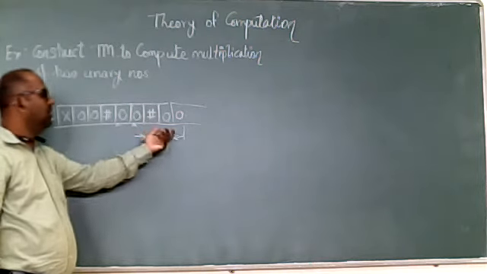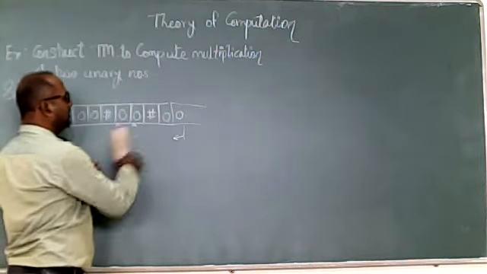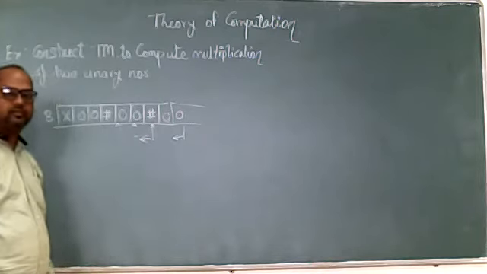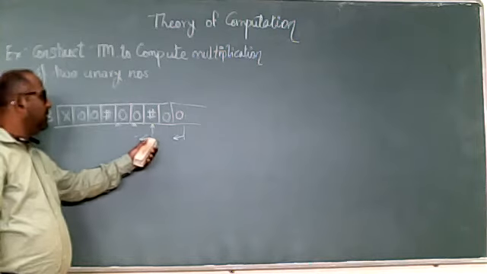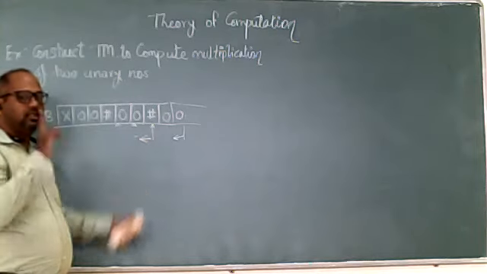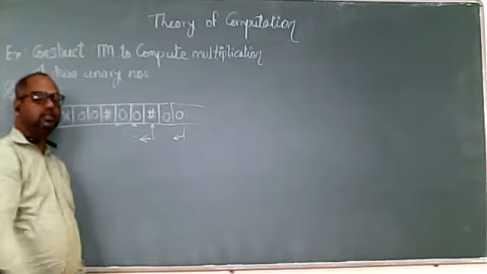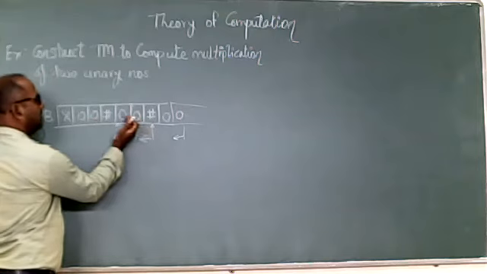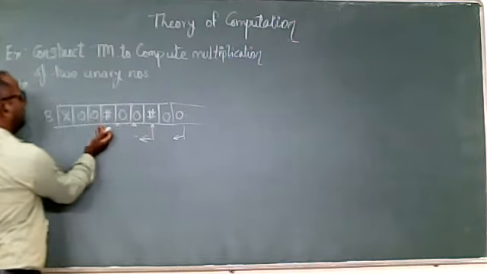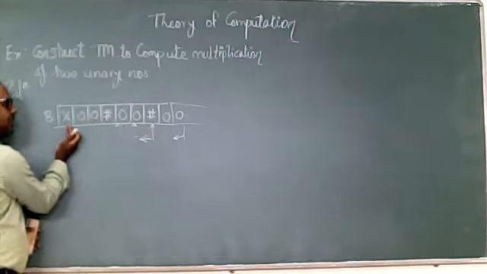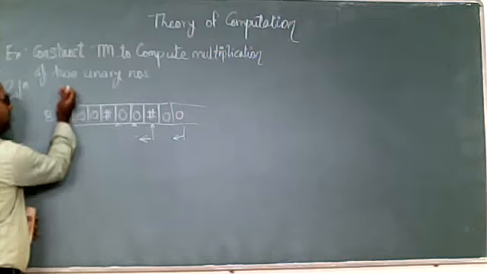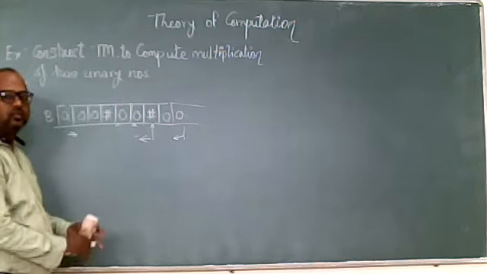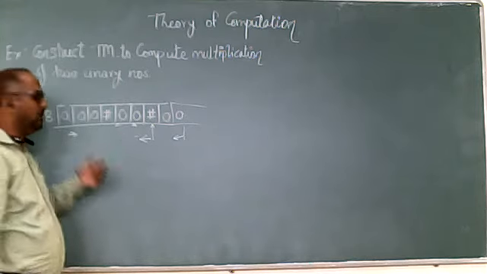When we get the hash, we'll keep the hash as it is and change the direction. It means one copy is done. So we'll come back, skip this, and when we get the x of the count, we'll make it a 0 again and change the direction to right. So one time copying is done.